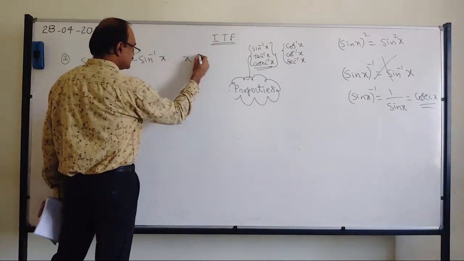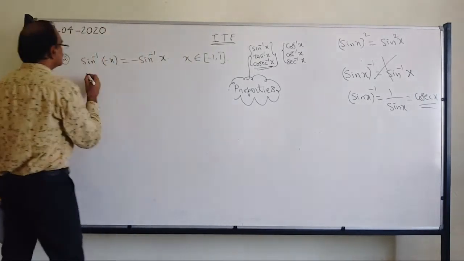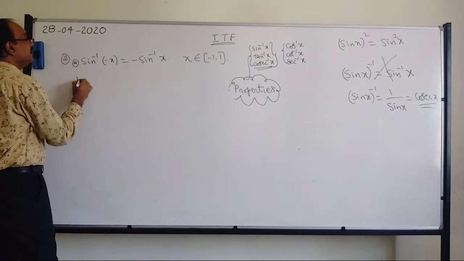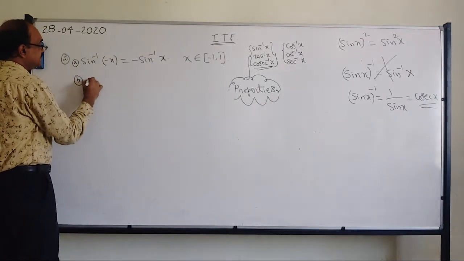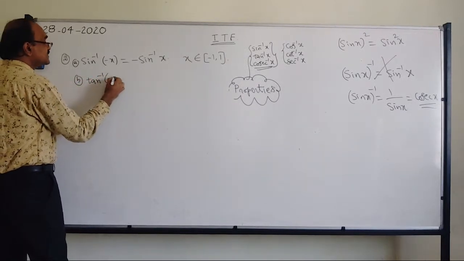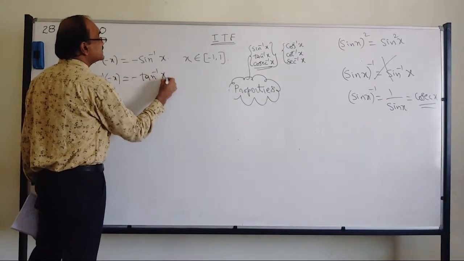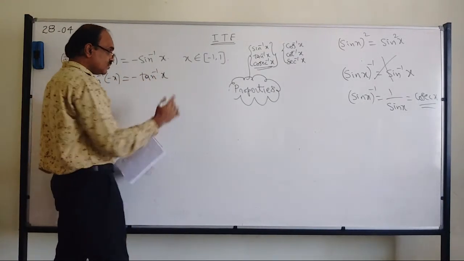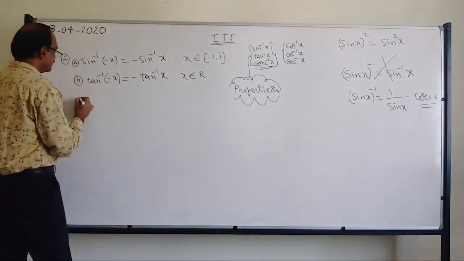So this is A. B: similarly, tan of minus x is minus tan x. Here also you get the same thing, that is, minus tan inverse x. x belongs to all real numbers.